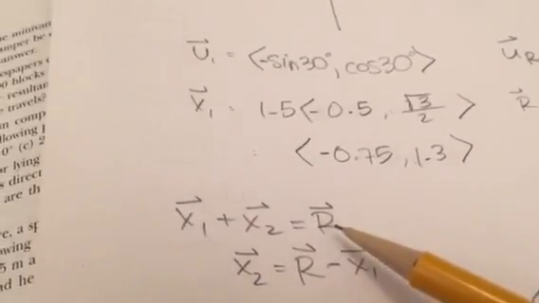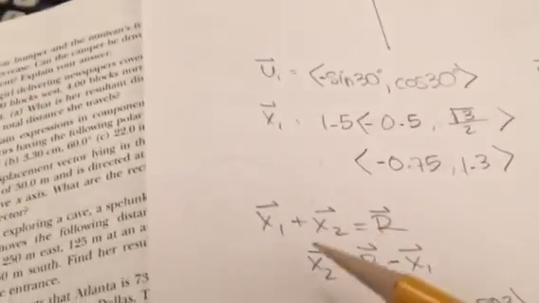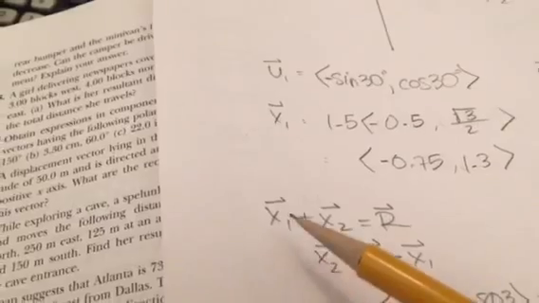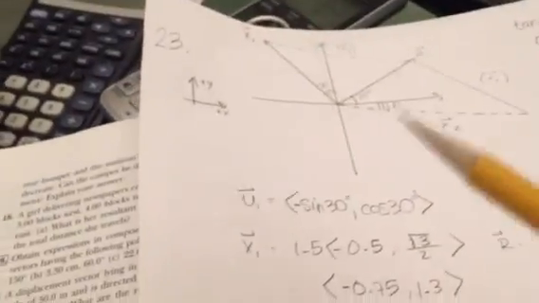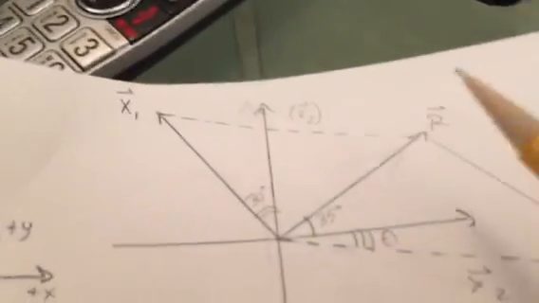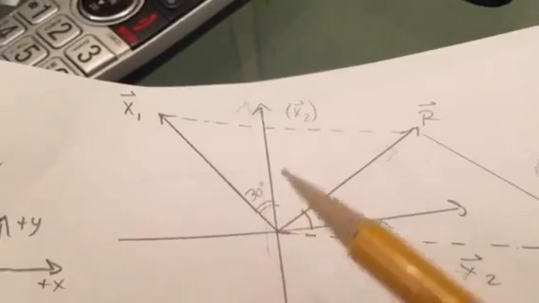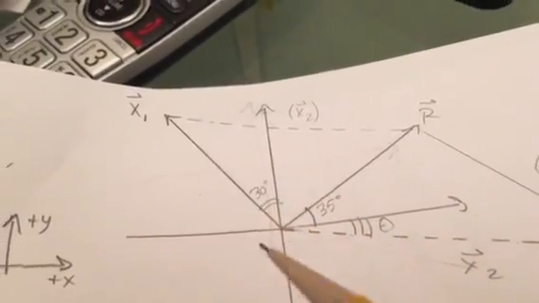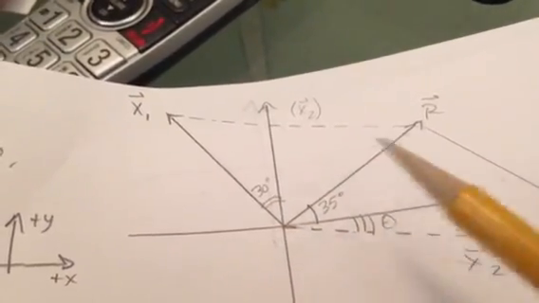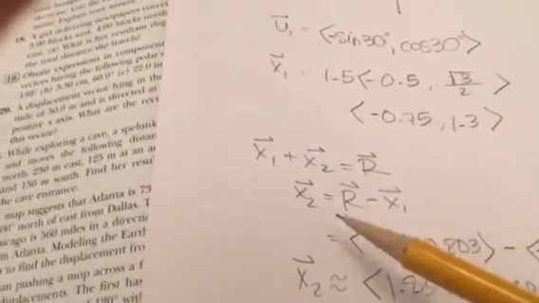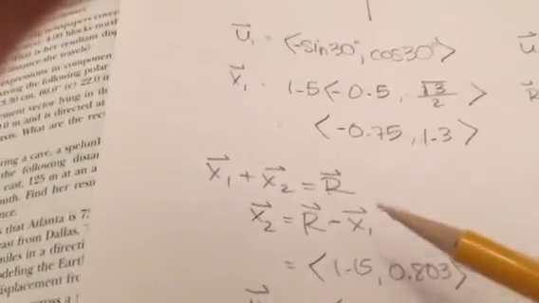Now, since we know that this is the resultant vector, r, we know that it's caused by x1 plus x2. And if we look at this triangle, that's exactly what's happening. x1 plus x2 results in r. So if we do a little bit of algebraic manipulation, we get x2 is equal to r minus x1.